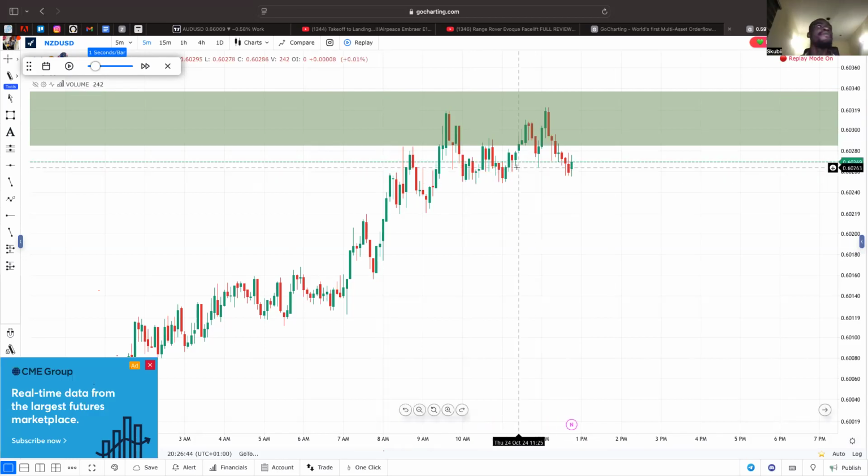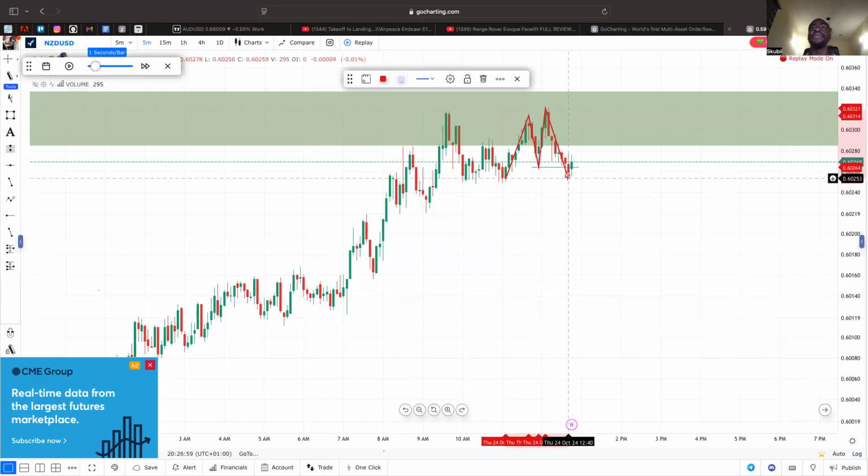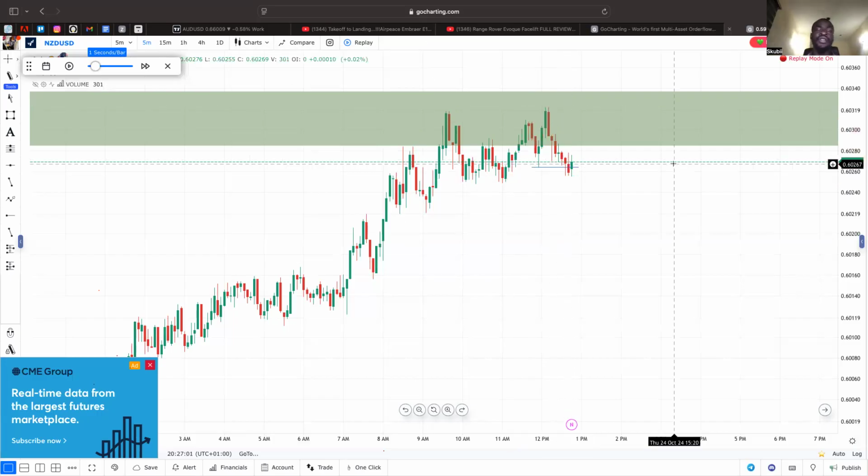Good, now we shifted here. This candlestick broke below this previous low. We created a high, a higher low, then a higher high, and then price came to break the previous higher low to the downside, which is a shift in market structure.